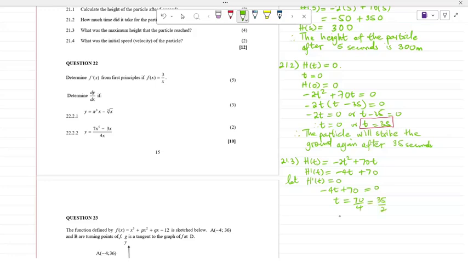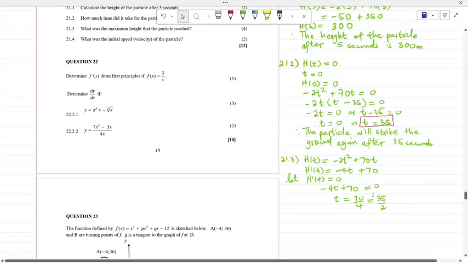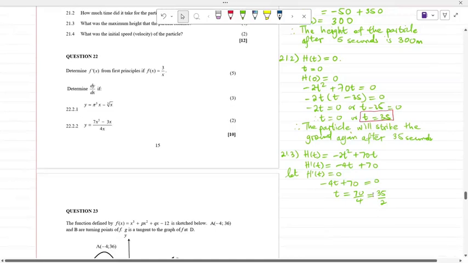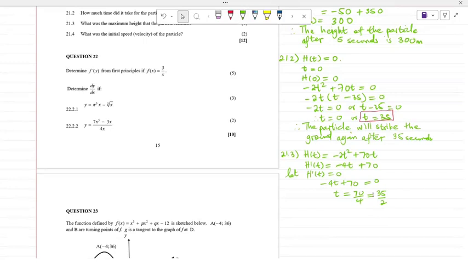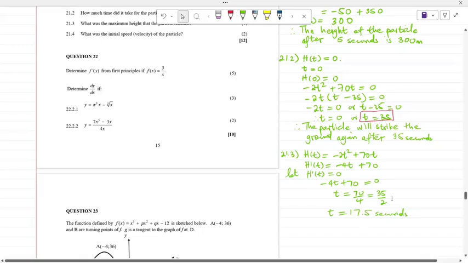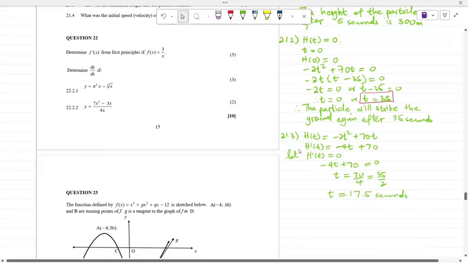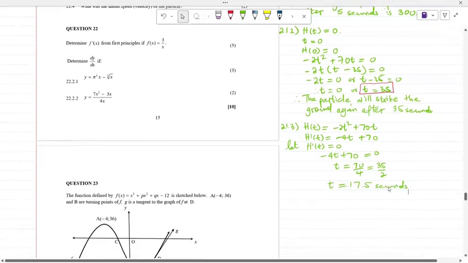So this means that the particle will reach its maximum height exactly after 17.5 seconds. Now we need to find the height that corresponds to 17.5 seconds.